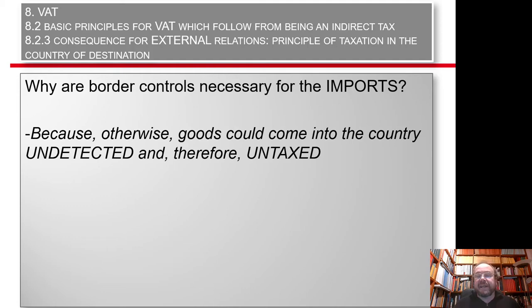Why are they necessary? Because if you don't have a check at the border, then goods can cross the border unnoticed. And now I don't know what you would do if you need to pay a tax at the border, but nobody checks if you really do so. There are 2 alternatives.